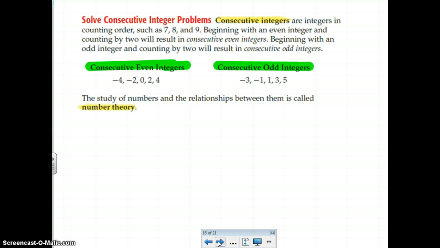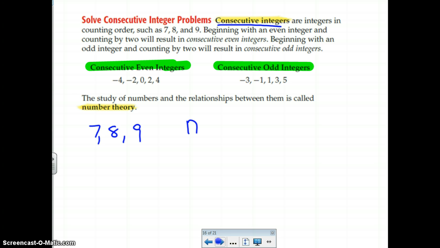As we look at solving consecutive integer problems, we need to understand what a consecutive integer is. They're counting numbers, things that would be on our number line, and if we're given the term consecutive integer, it's things that are one away from each other. So 7, 8, 9.